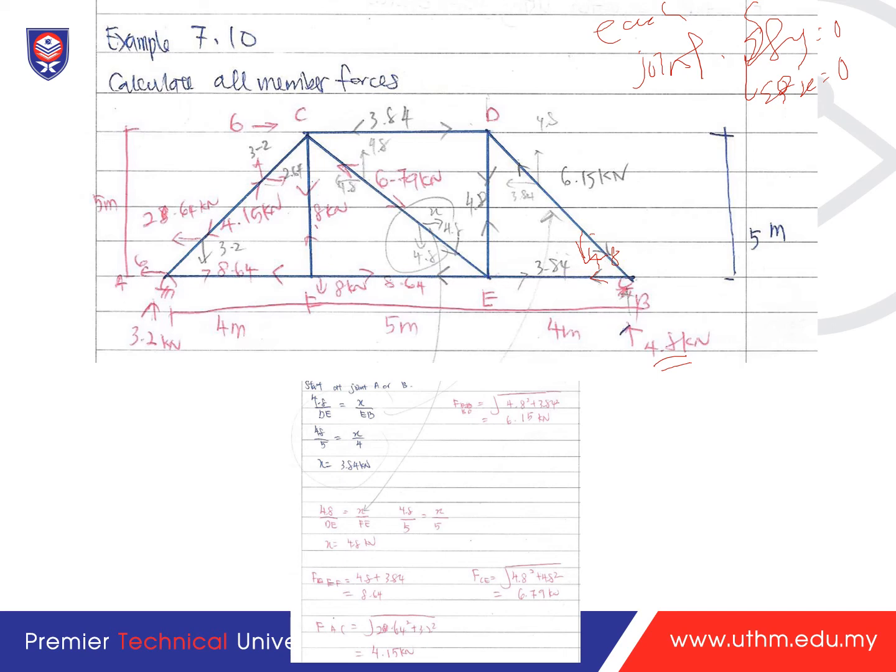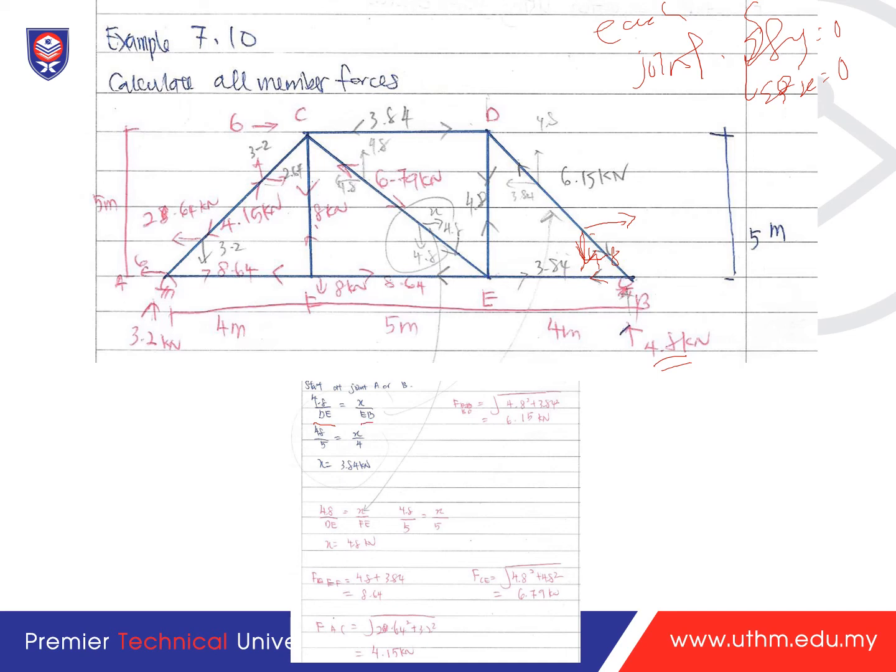So when we have 4.8 over DE for the force BD, once we have already found the vertical component, then we can get the horizontal component. Using the comparison, you can see that 4.8 over DE is equal to X over EB.